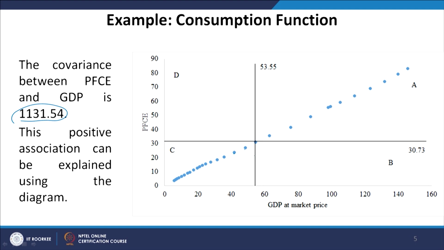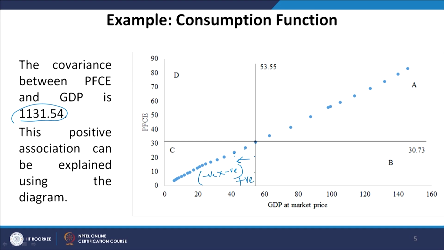At the same time, all of them are also to the left of this average vertical line of 53.55. So, when the mean is subtracted from the individual values, that will also be negative. So, two negatives are actually multiplied here, which makes it positive.